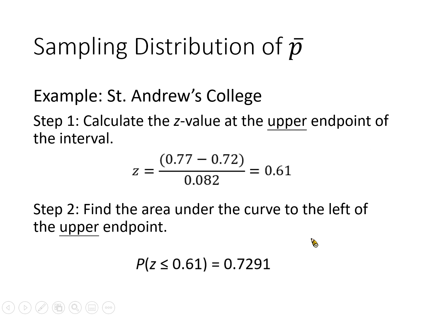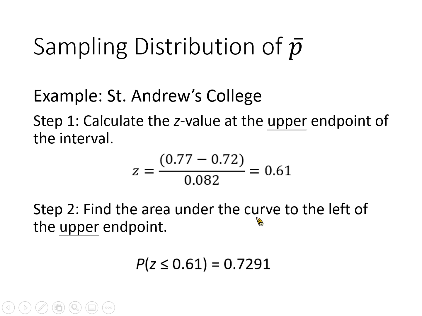To calculate the interval probability, first calculate the z-value for the upper endpoint of the interval. Following the formula for the standardized value, z equals the result minus the mean proportion, divided by the standard deviation. You get 0.61.